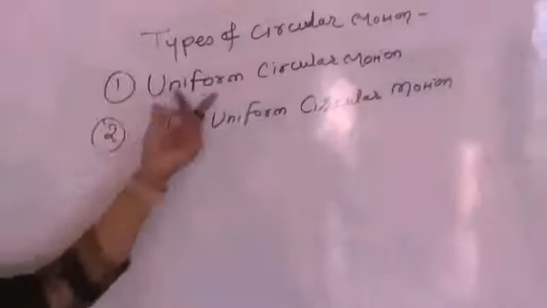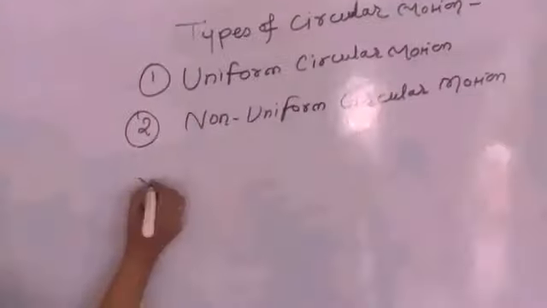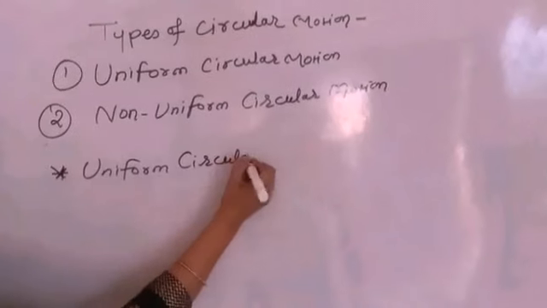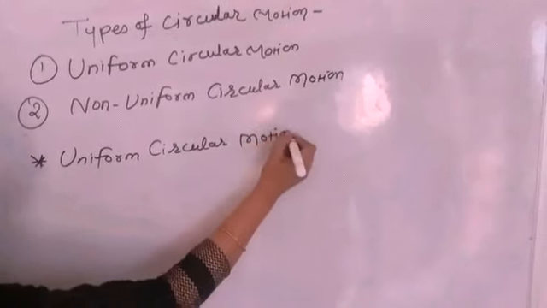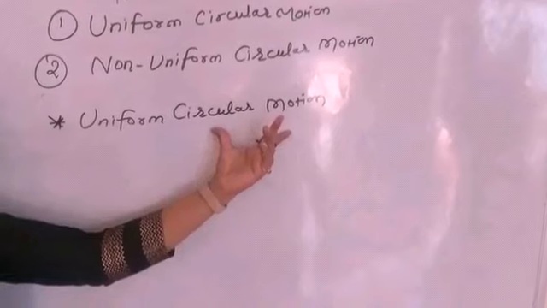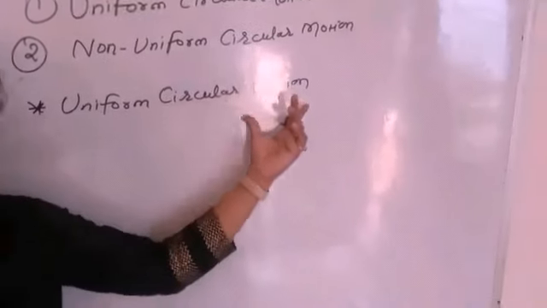Now, what is uniform circular motion? In uniform circular motion, when the particle is revolving, the speed of the particle remains constant. That is called as the uniform circular motion.